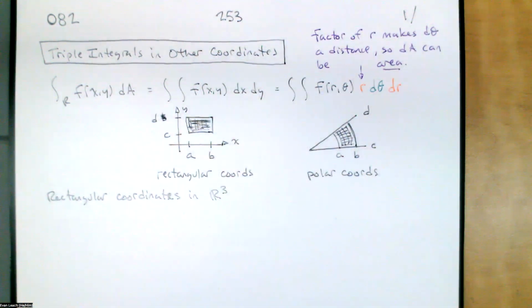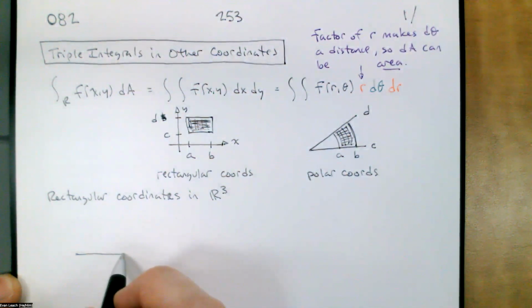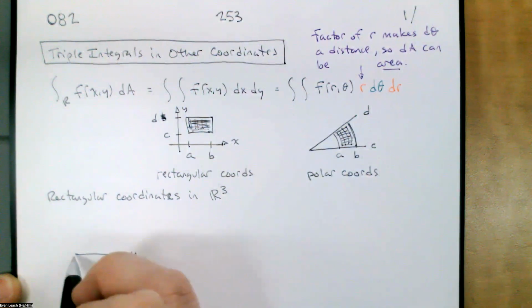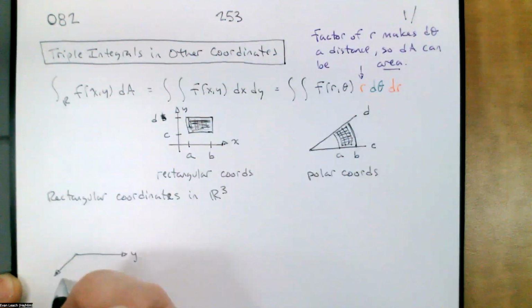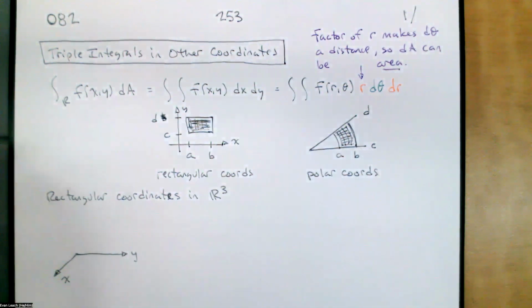So rectangular coordinates in R3, we're just taking the rectangular coordinates that we had in R2 and slapping a z-axis onto it. So those are the rectangular coordinates that we started with. We're describing a plane, and we're sticking z onto it.